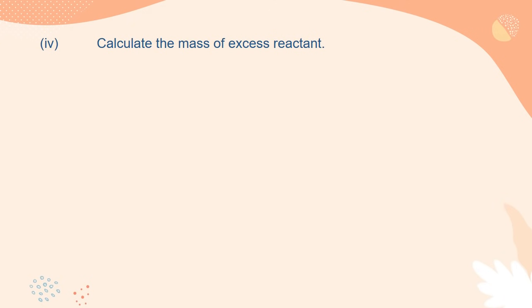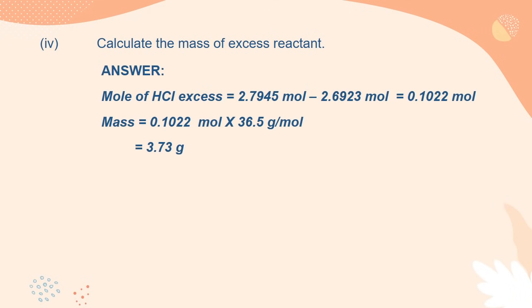Now we go to the question number 4. Calculate the mass of excess reactant. Okay, as we know, HCl is a excess reactant. So this is mole of given 2.7945 mole minus with reacted HCl 2.6923 mole.